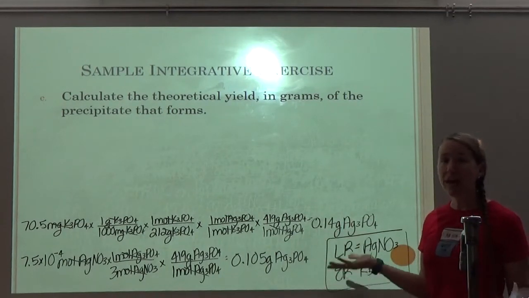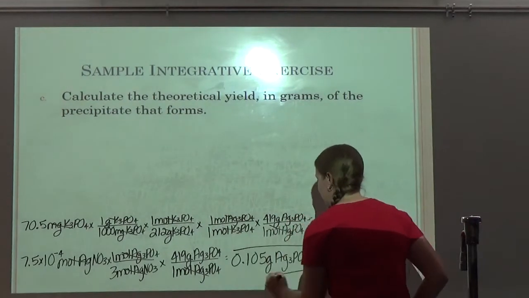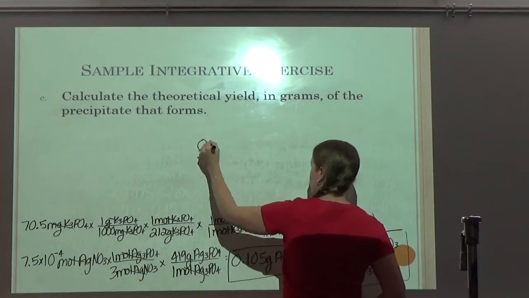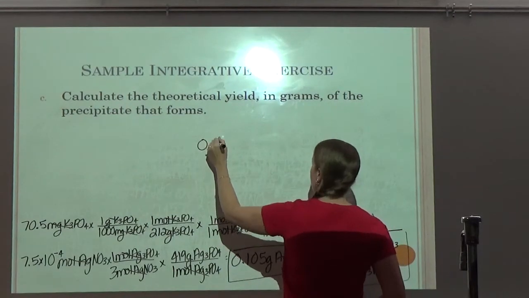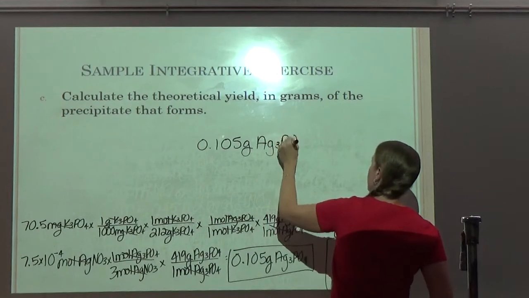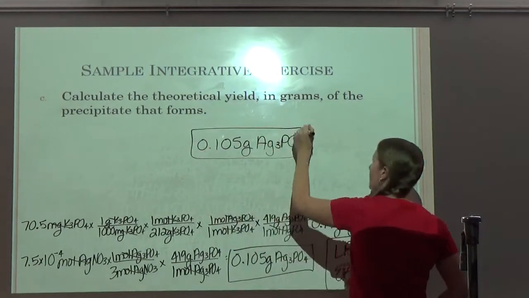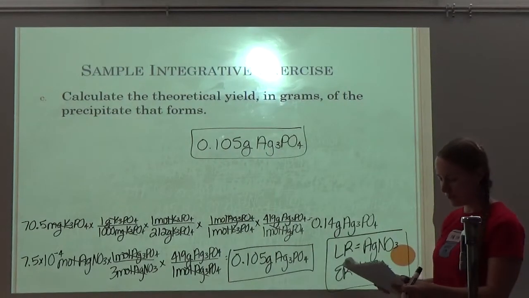What's the amount that we actually make? The lower of the two. So for part C, this would be my answer: 0.105 grams of my silver phosphate. So see, in doing part B, I just already did part C. So I did both of them together.